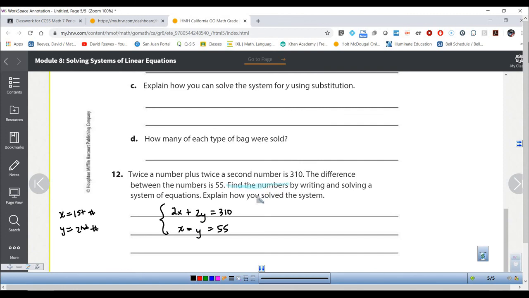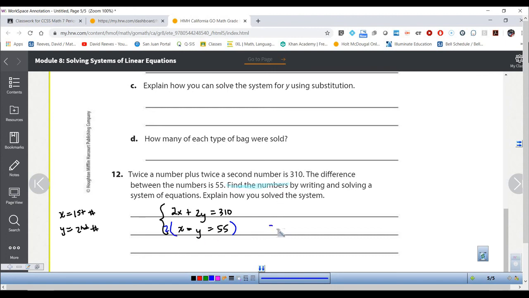It didn't specify. It says actually explain how you solved. So we could graph these and see where they intersected, right? We could use substitution by solving one for x and one for y. Or we can use elimination, right? We could take maybe this bottom equation and multiply it by 2. If I multiply that bottom equation by 2, what would I get?